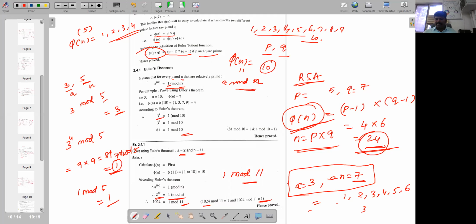So 3 power 6 is equal to 81 times 9, which is 729. 729 mod 7: 1 7s are 7, 0 and 4 7s are 28, and so on. The remainder is 1. Are you getting my point?